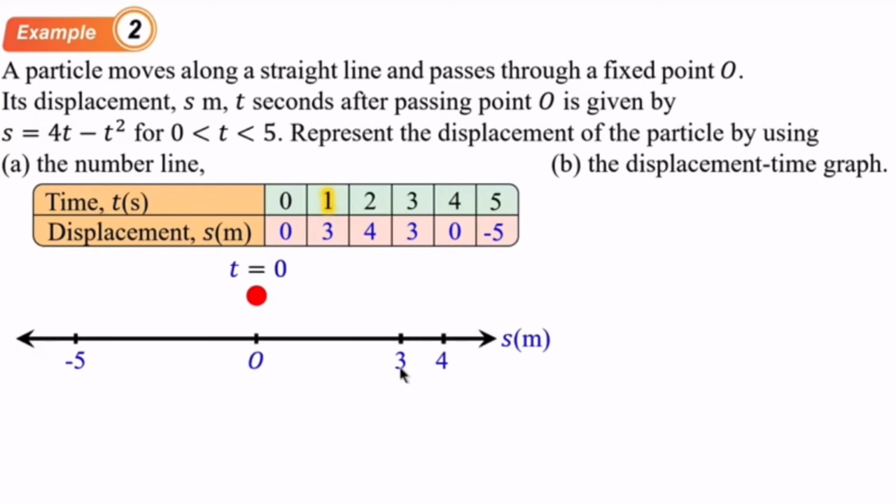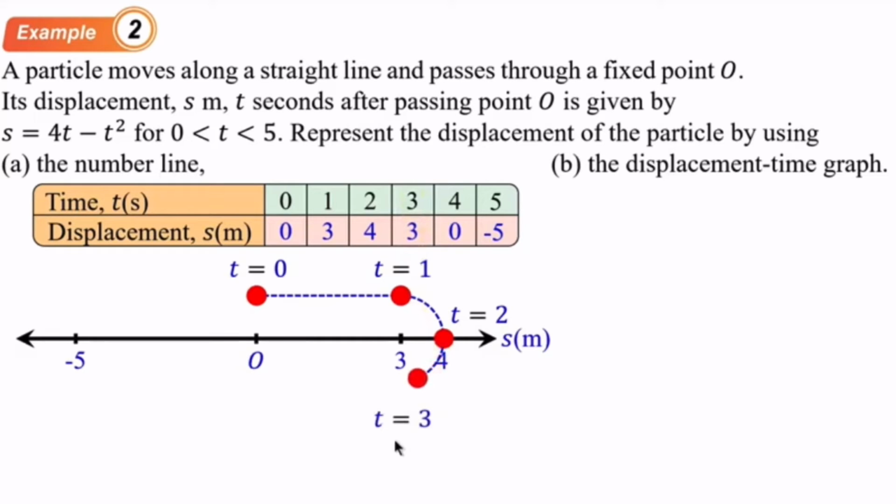So let's show the movement of the particle. At t equal to 1, the particle moves to the right, 3 meters to the right, and then at t equal to 2, the particle travels to 4 meters to the right. That is the so-called maximum displacement. At t equal to 3, it goes back to 3 meters from the fixed point.